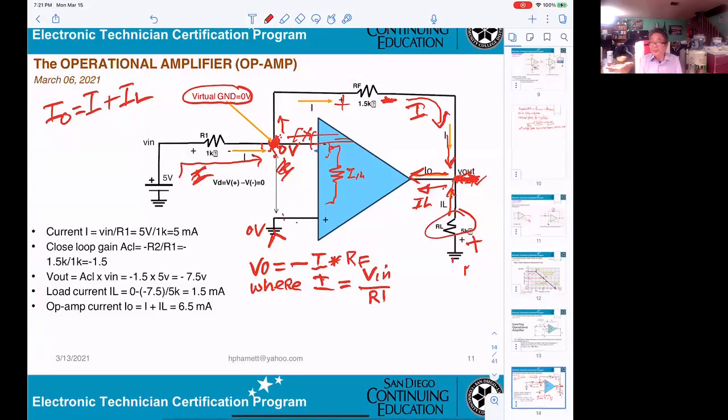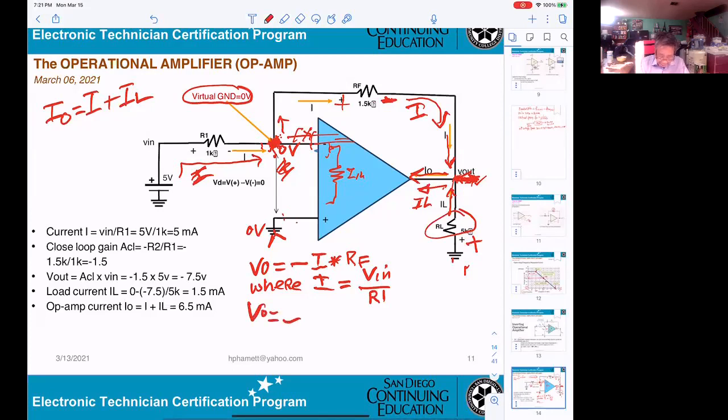Okay, if not right, let me know. On this point, you root it so you have only one source, one resistor. You can calculate the current I.